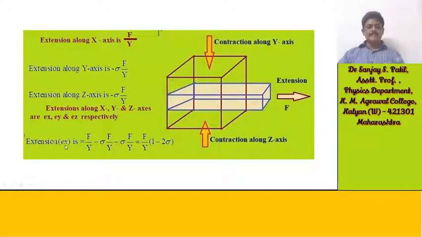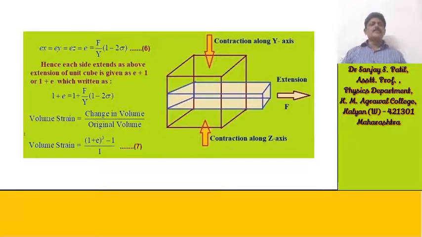So extension Ex is equal to capital F divided by capital Y minus sigma into capital F divided by capital Y minus sigma into capital F divided by capital Y, which is equal to capital F divided by capital Y into bracket 1 minus 2 sigma.